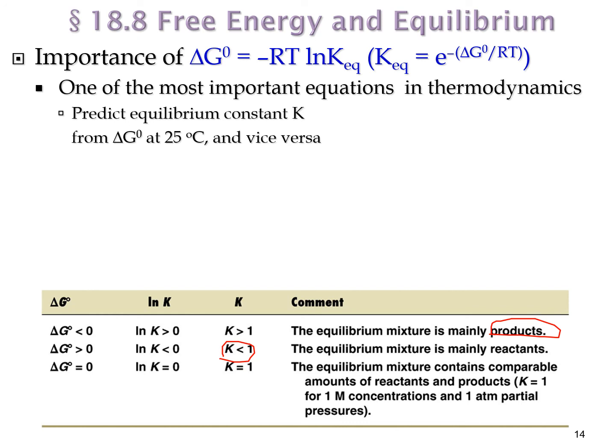So actually the equilibrium is favored to the reverse direction, meaning the reverse one is spontaneous. The equilibrium mixture is mainly reactants. That is for delta G0 greater than 0. If delta G0 equals 0, that means everything is at equilibrium and it's going to be the standard state.